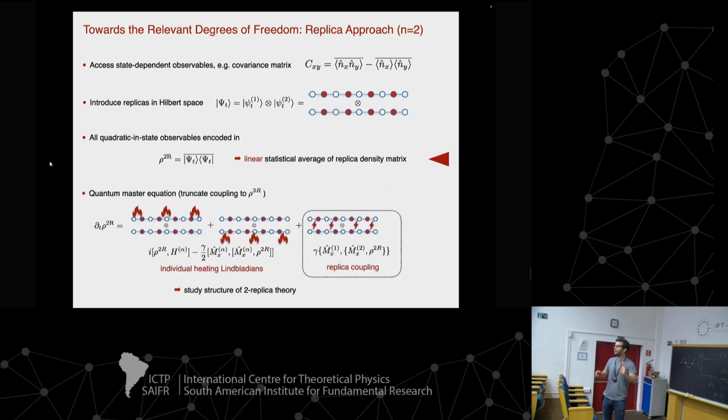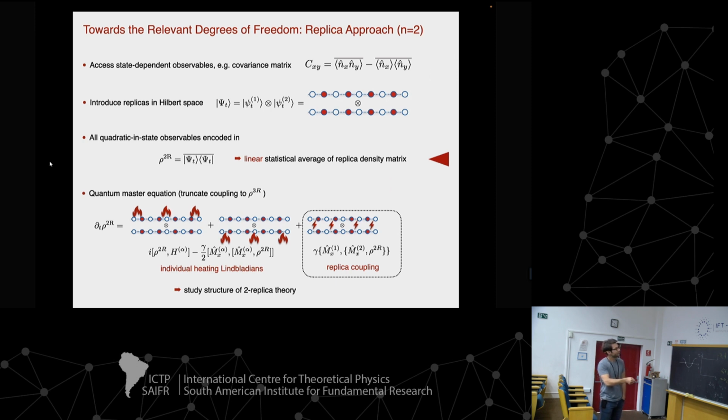Okay, and now we do nothing more and nothing less than computing essentially the time evolution of this replicated density matrix. Later on, we'll also look at the time evolution of a replicated Keldysh functional integral. But it's pretty instructive to look at this problem here.